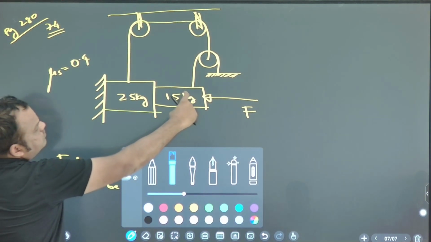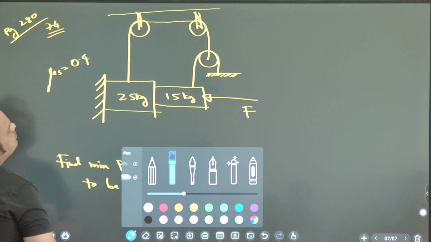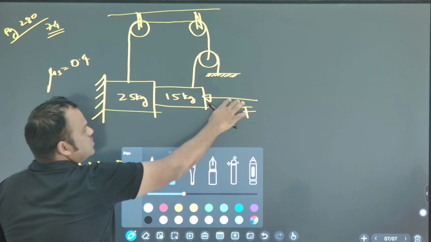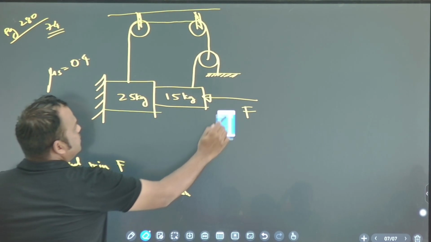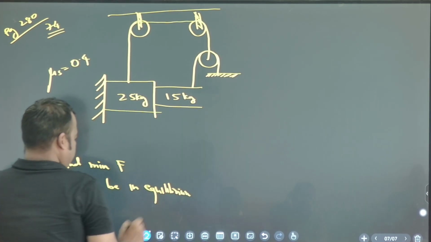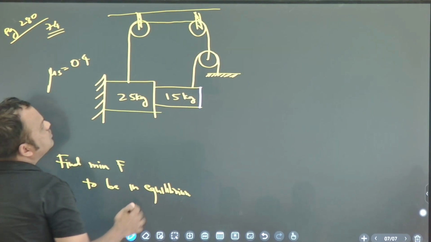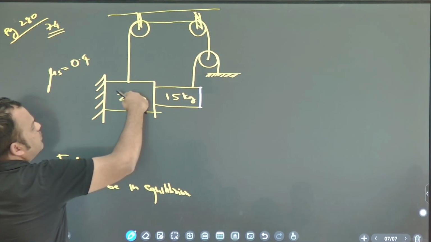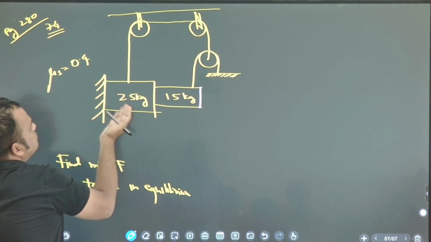See, suppose you don't exert any force. You think like this. Suppose F is not there. What happens? If F is not there, what happens? 25 kg down, 15 kg up, because this is more mass.